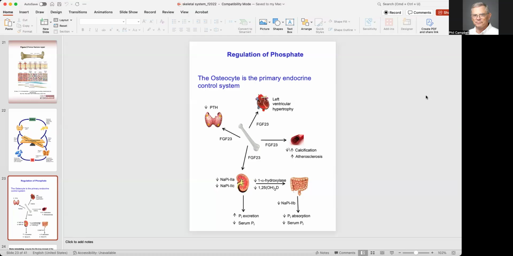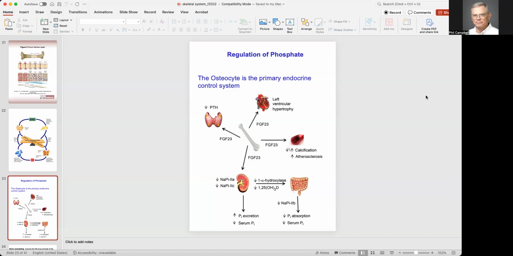It regulates phosphate, all right? Now, it does it in a number of aspects. So number one, it will go to the parathyroid glands where it will reduce PTH. Now, PTH, what does PTH do? That results in the resorption of bone. Not only will that result in the release of calcium, but it also regulates the release of phosphate, okay?